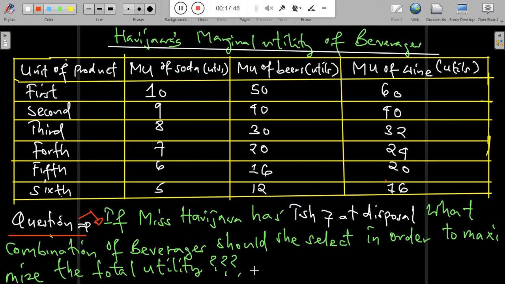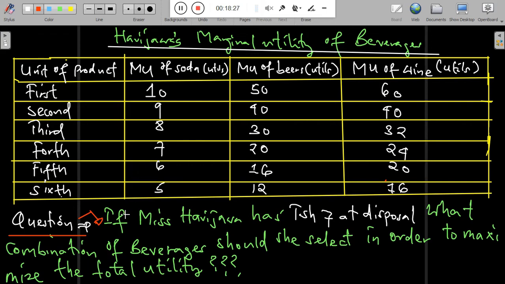So the first step, we need to sketch the same table, but we need to identify the marginal utility with respect to the price level, so we can understand the beverages that Ms. Avijaya should choose to maximize her total utility.